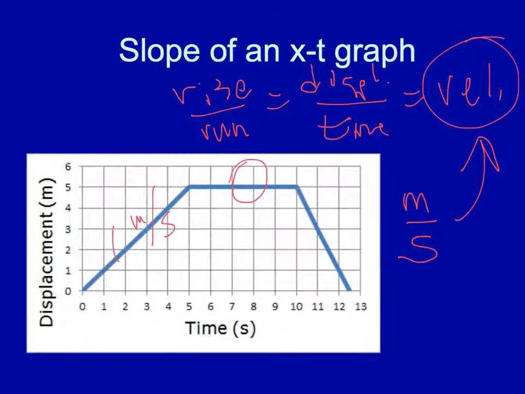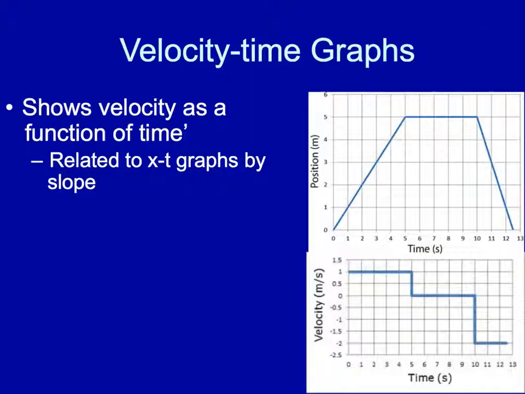Now coming back down here, my rise is actually negative 5, so it's negative 5 divided by 2.5, so it's negative 2 meters per second. So the slope of a position time graph will give you the average velocity during that time. Break it up into segments that you can see.